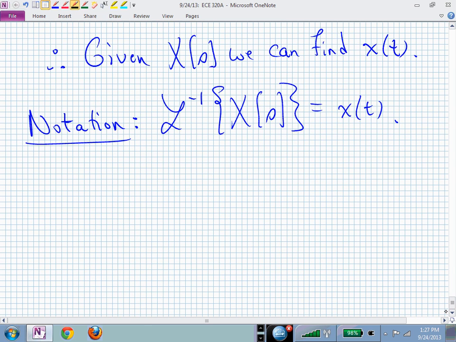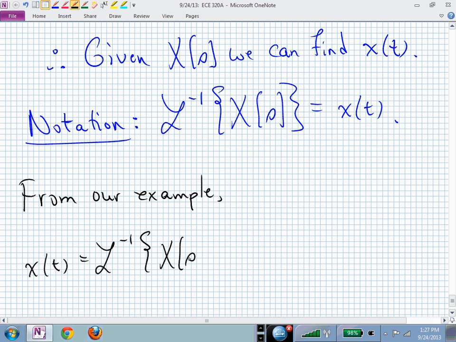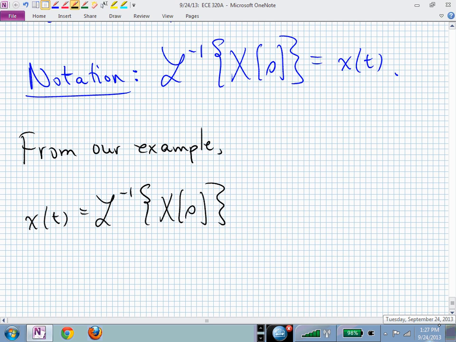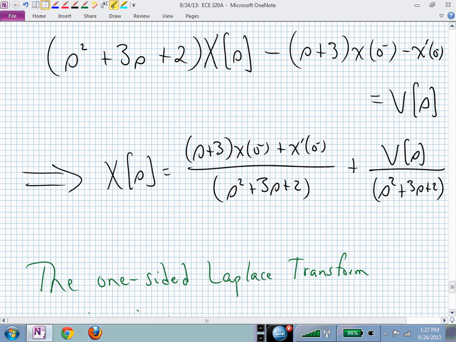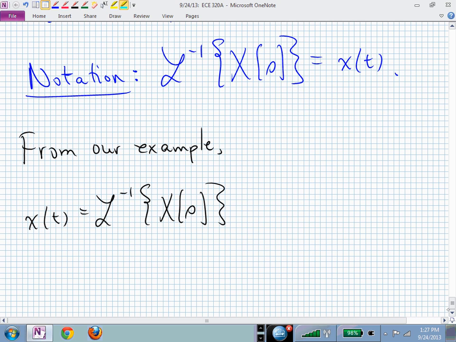Now, if we go back to our example, this little x of t naturally was built up of two pieces, wasn't it? We had a piece here and another piece right there. We had two parts to this Laplace transform, capital X of S. And you maybe are already familiar with that, but let's now write that explicitly into two parts.